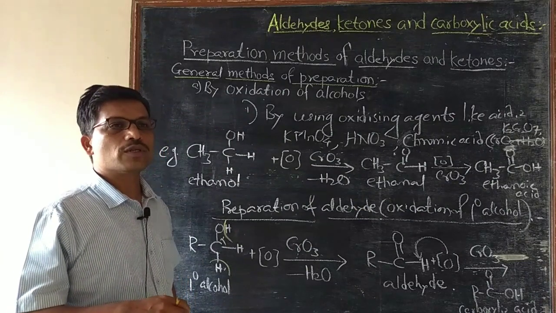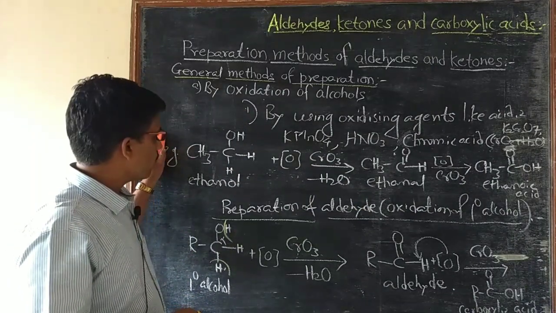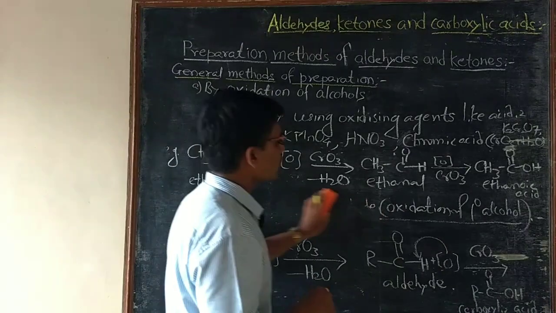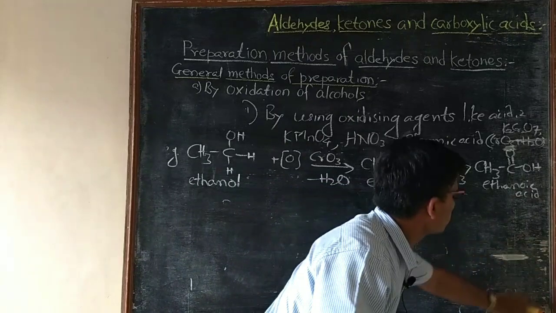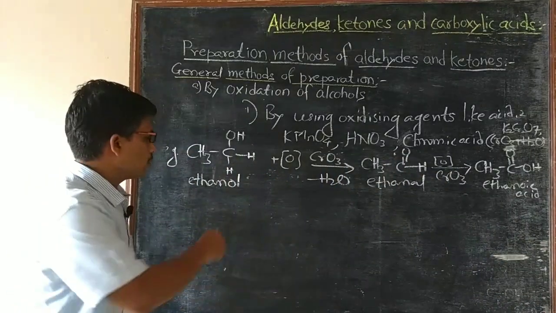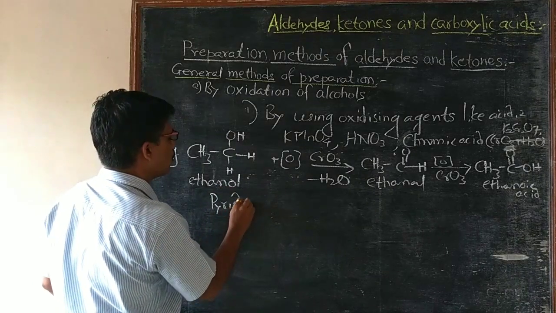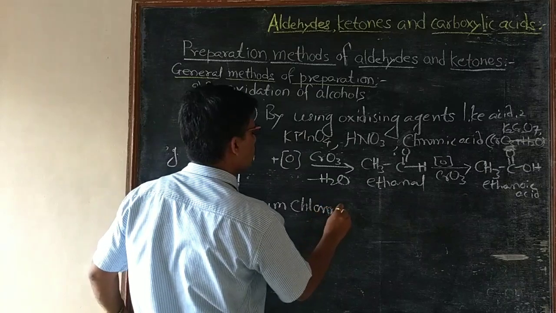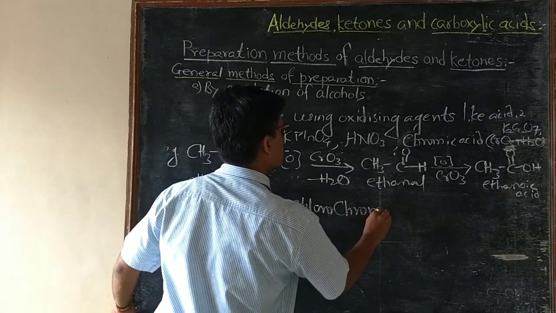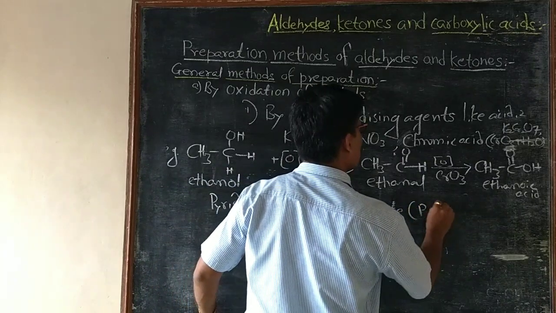Best reagent for preparation of aldehydes is pyridinium chlorochromate. It is abbreviated as PCC.